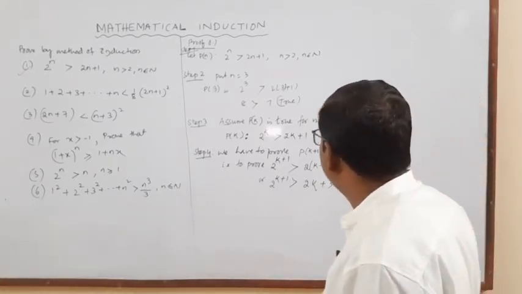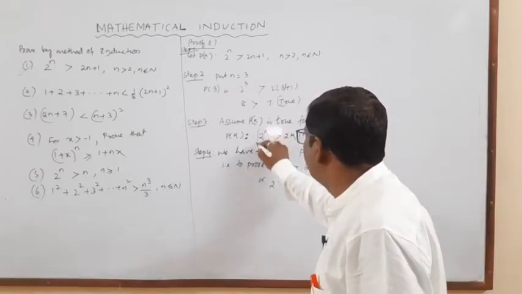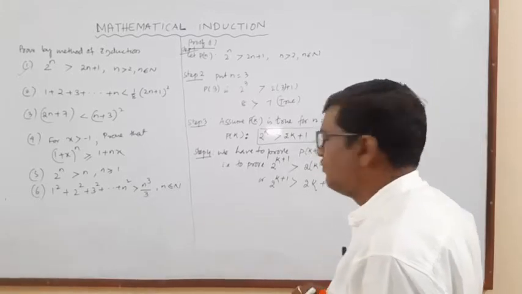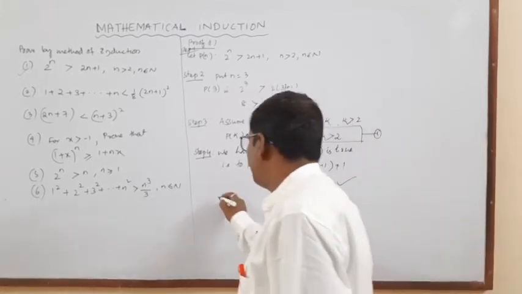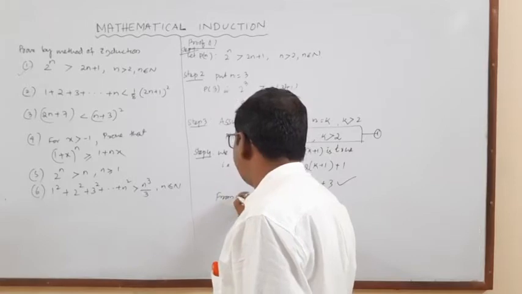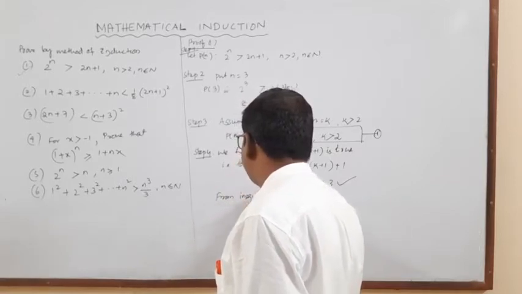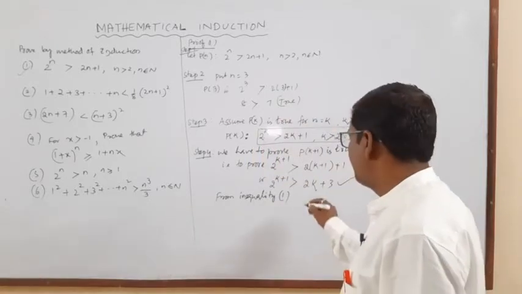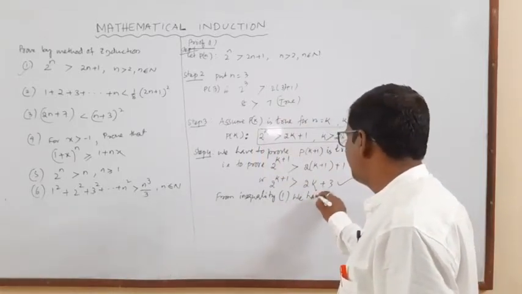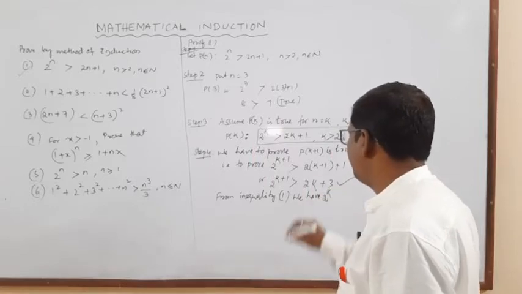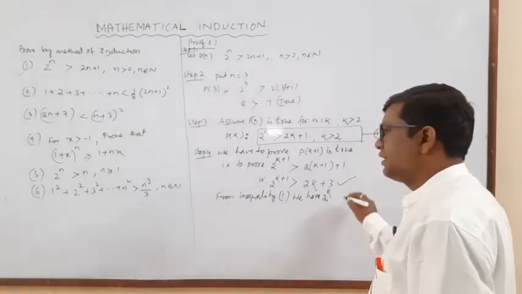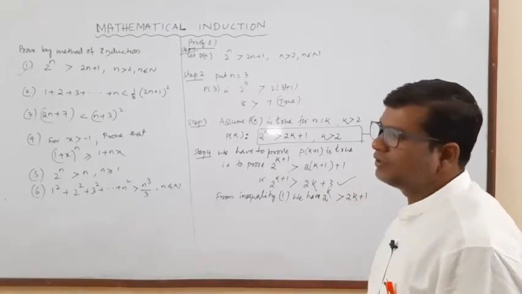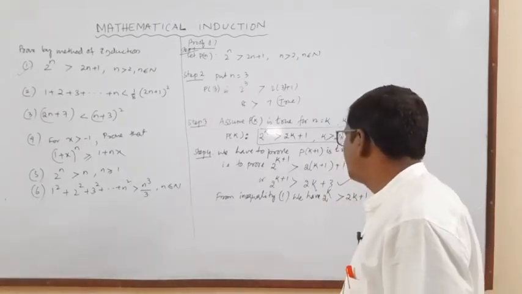Now, from inequality 1 we have 2 to the power k greater than 2k plus 1.